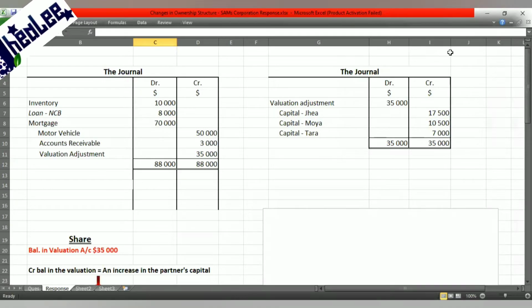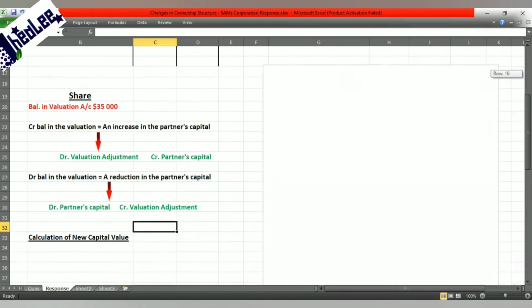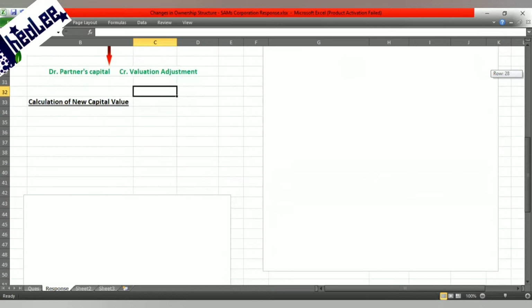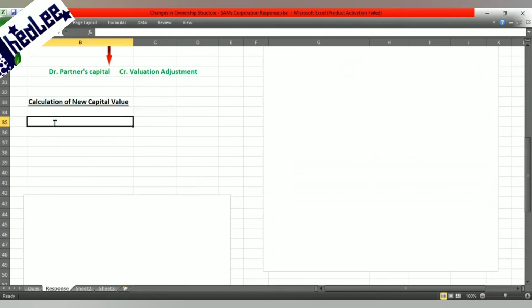We have looked at the increases and or decreases in the account. We have shown the effect on the partner's capital. Now we're going to calculate the new value for the partners. So we're going to start with J, because this information is very important.